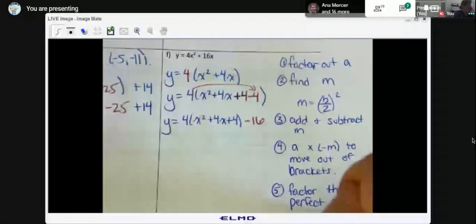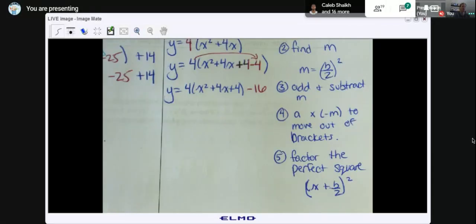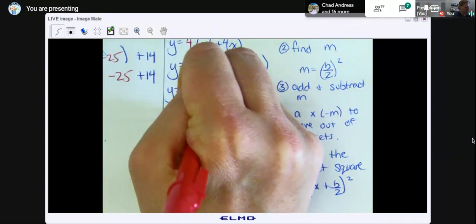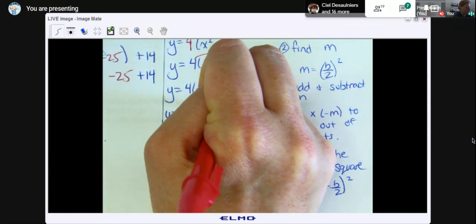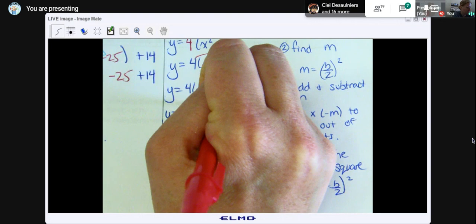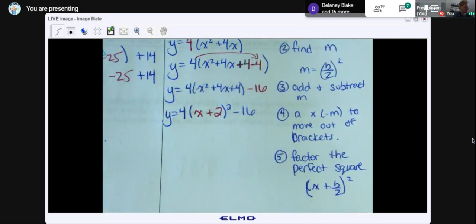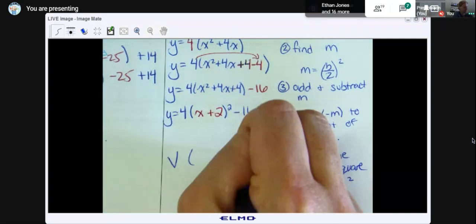Finally, I'm going to factor the perfect square. Remember that we factor a perfect square by saying x plus b over 2. That's x plus 4 divided by 2, so 2, squared, minus 16. Tell me what the coordinates of my vertex are, in the chat, please.